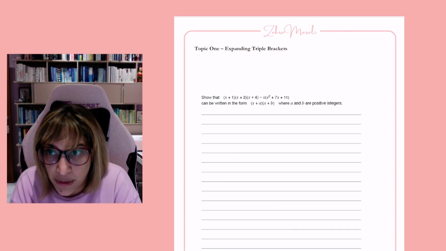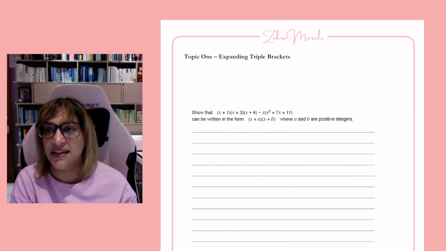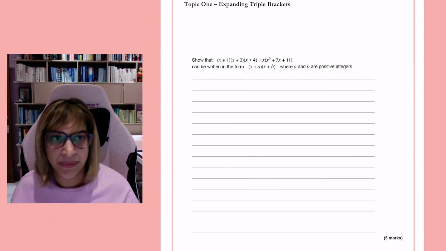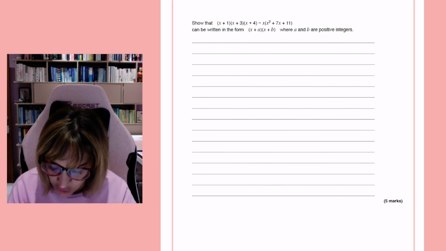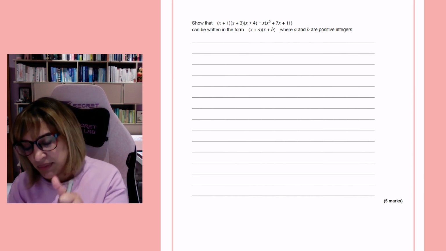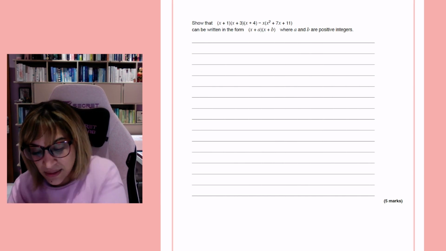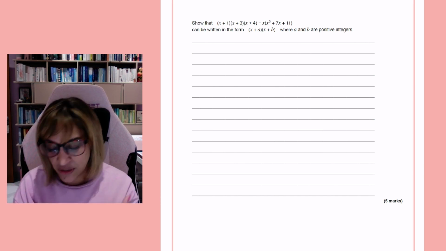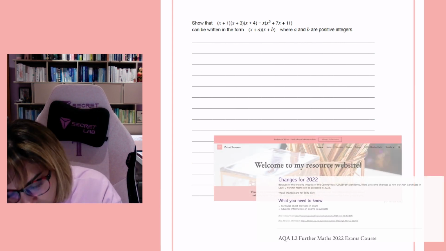Expanding triple brackets. The easiest way to show you this is actually to just take an example. So here's an exam question. You've got to show that we've got a triple bracket minus another x multiplied by a quadratic, and then we're going to have to factorize it afterwards. So let's take the first 2 terms.